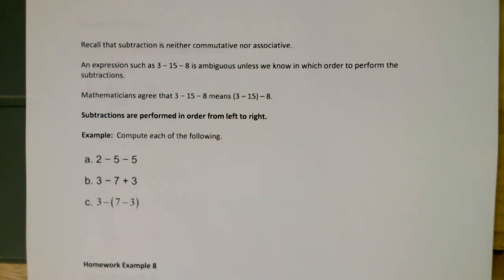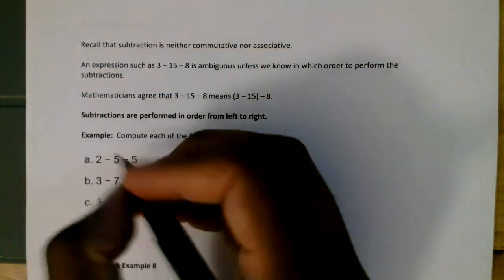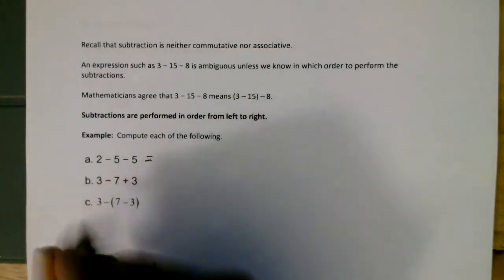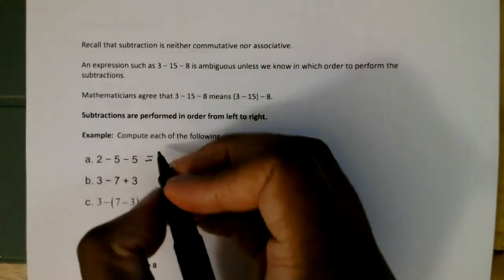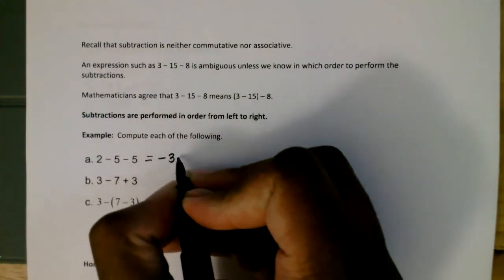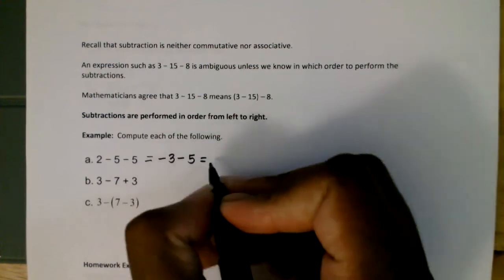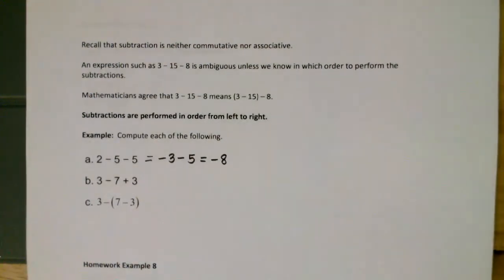So here subtractions are performed in order from left to right, like in this example. 2 minus 5 minus 5. So if I do the 2 minus 5, of course, that would be negative 3. Negative 3 minus 5, negative 8.